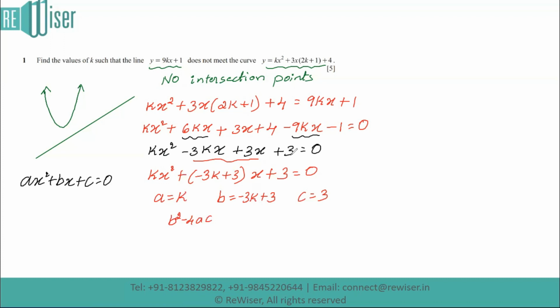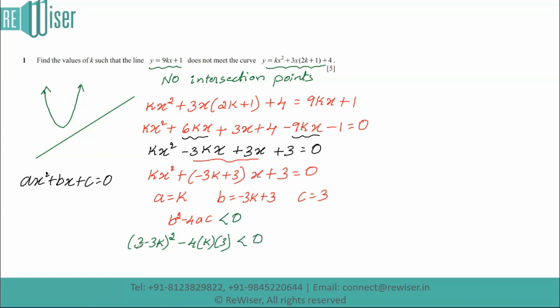In that case, the discriminant must be less than 0. Substituting, b² is (3 − 3k)², minus 4 times a, which is k, times c, which is 3, and this must be less than 0.